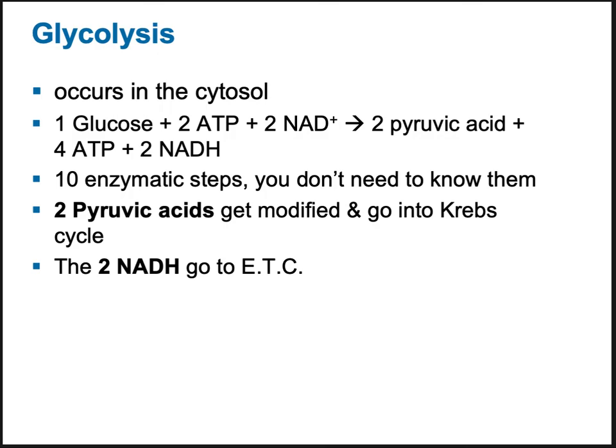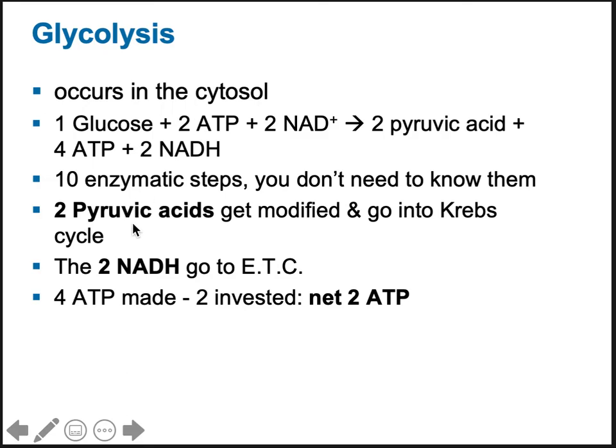Okay, so we have made 2 ATP, so we already made a little bit of energy from glucose, but we have a lot of potential energy stored in the pyruvic acid molecules and the NADH molecules. Okay, and that's why it's so important that we are able to do the Krebs cycle and the electron transport chain so that we can get all of that potential energy.